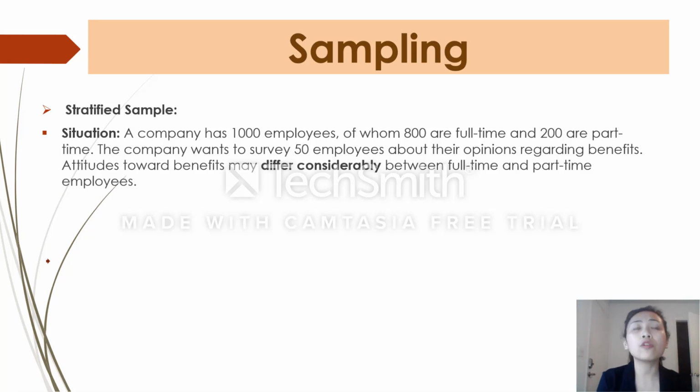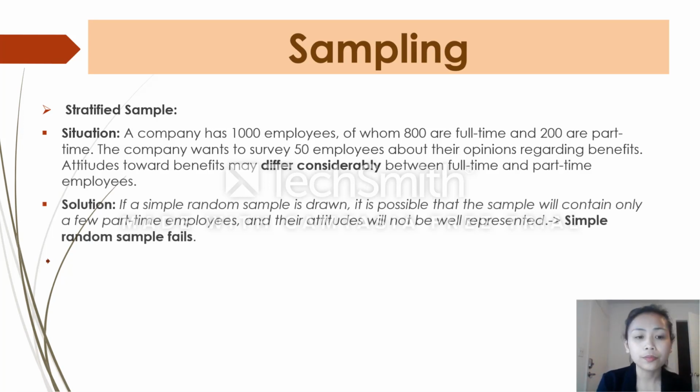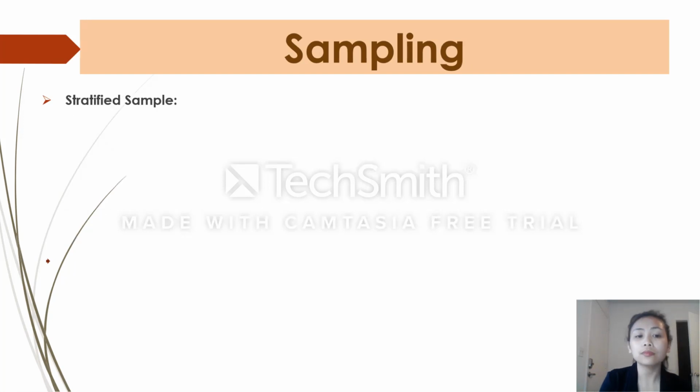For example, full-time employees normally receive more benefits compared to part-time employees. So, solution: if a simple random sample is drawn, it is possible that the sample will contain only a few part-time employees and their attitudes will not be well represented. So simple random sample is not the best fit here.